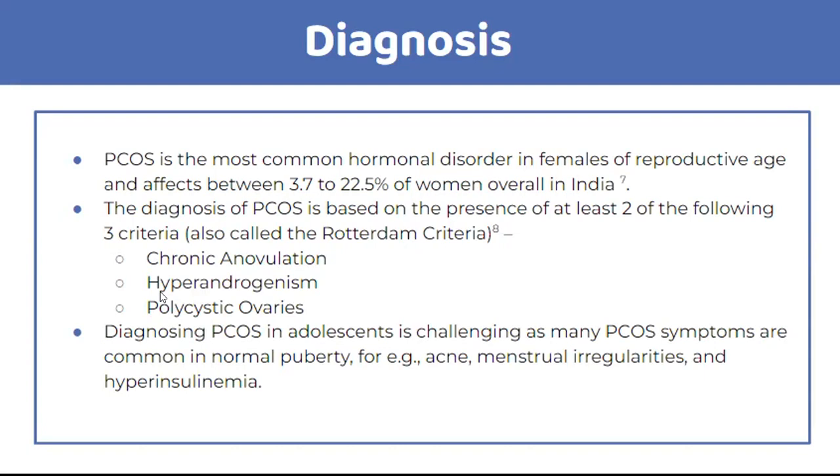Many of the symptoms which you would commonly use to diagnose a female with PCOS are actually common when a female has just experienced menarche, has just started her menstrual cycle and is in the early years of her menstrual cycles. That does not necessarily mean that something is wrong with the female. Still you can look into them, but don't jump to the conclusion that my daughter or my niece automatically has PCOS, my teenage niece has PCOS.